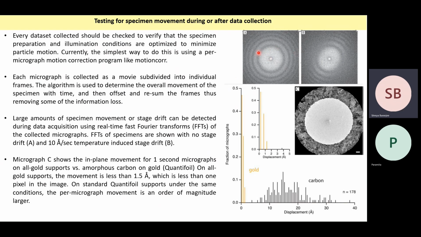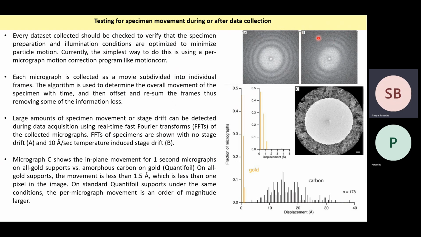If you look at A and B, A is shown where the specimen is not moving at all. So you have a distinct image. In B, the specimen is moving at the rate of 10 angstrom per second. So the image becomes slightly blurry. So this needs to be taken care of.